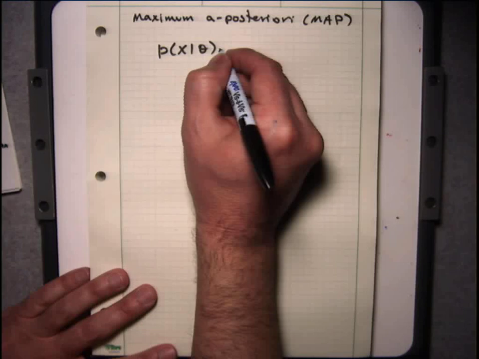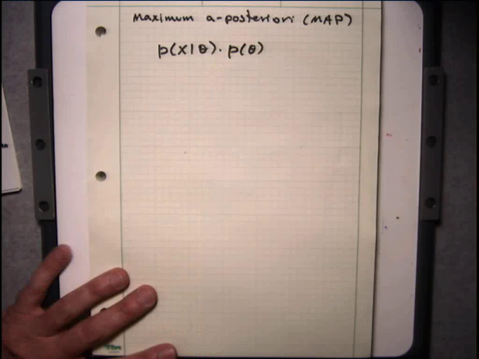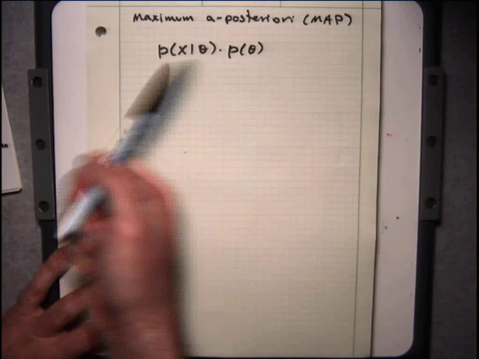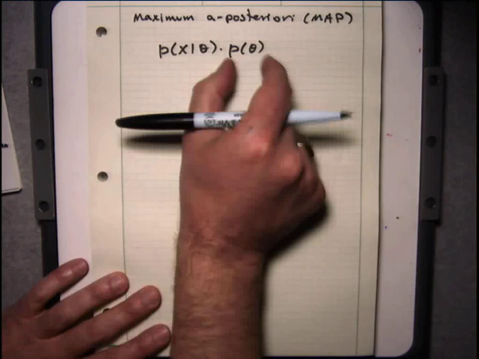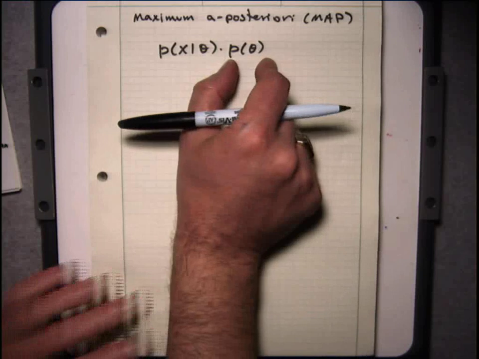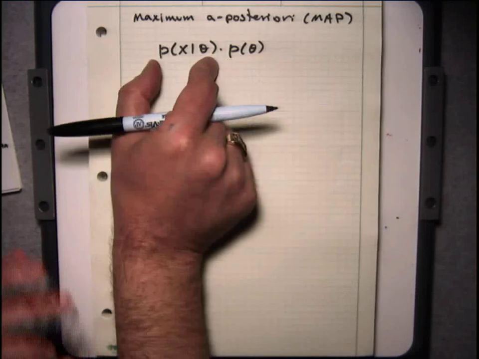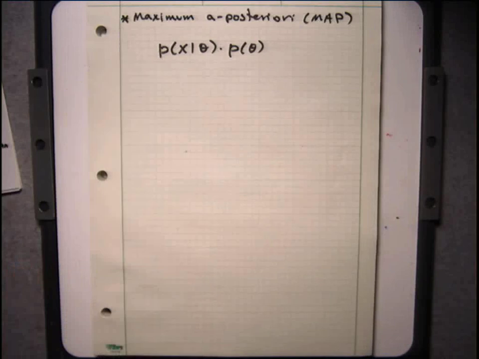And so with access to that, all you do is multiply these two together, and this multiplication simply biases the maximum of this quantity in the direction of the most likely values of theta, which you know ahead of time. So this piece of information is completely given to you before you ever collect data, right? And this piece of information comes directly from the data. So the maximum a posteriori can be thought of as a way of balancing prior information against information that you get from the data. Okay?